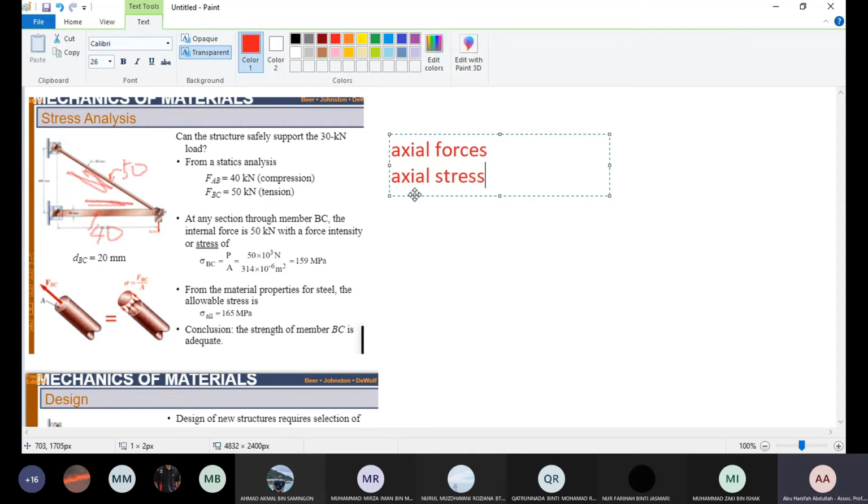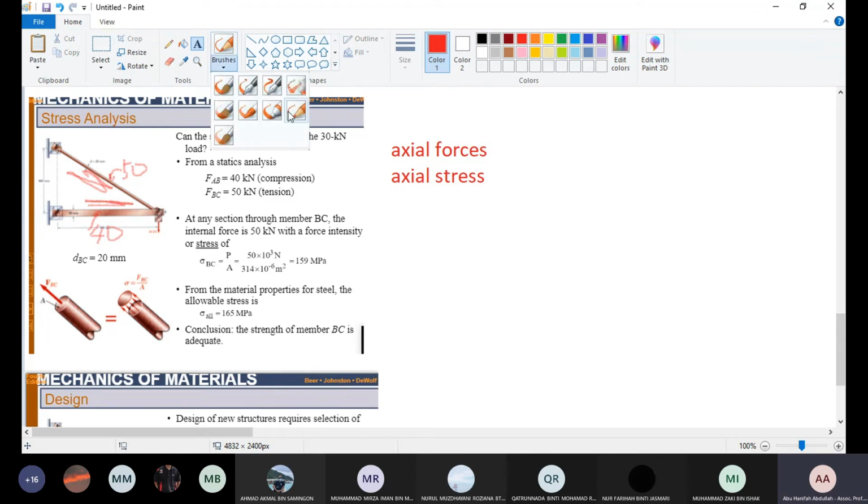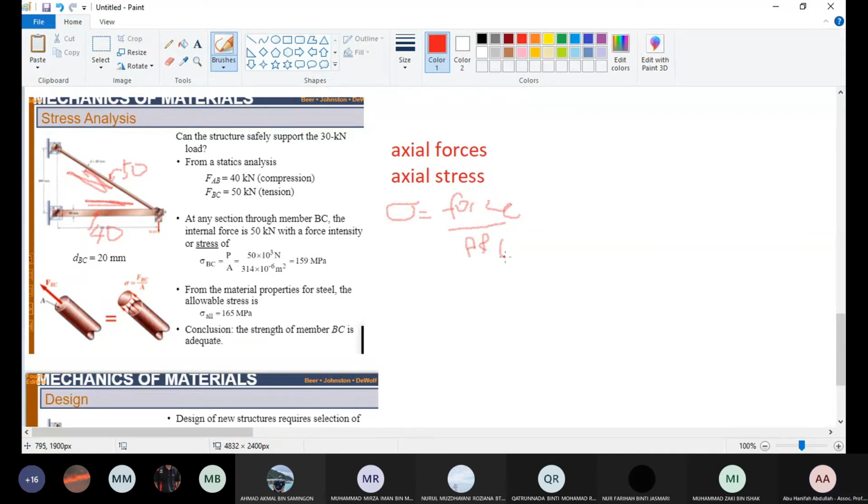So what you need to do is, you have to go back to the first thing that we have learned earlier, is stress equal to force over area. So area for the rod is round, which is pi r square, and the other one is rectangular beam.